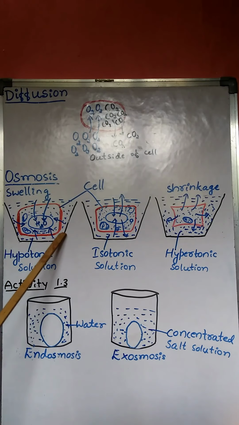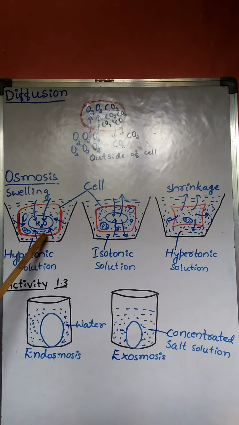The concentration of water molecules is high compared to the concentration of solutes, sugar or salt. It contains more water molecules than solutes, or fewer solutes. So it is called hypotonic solution.